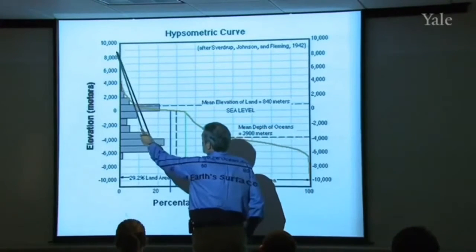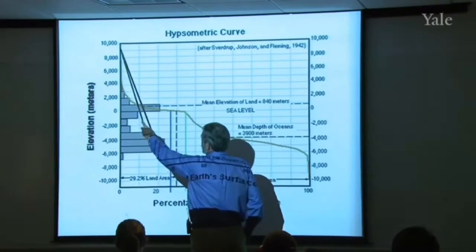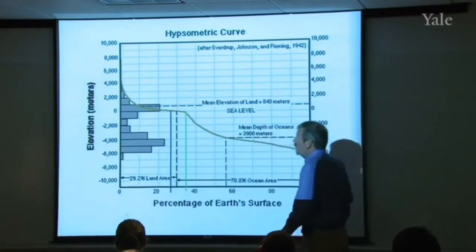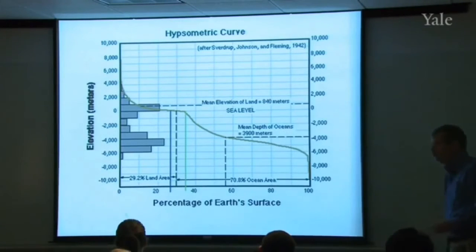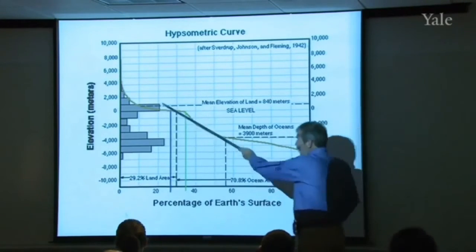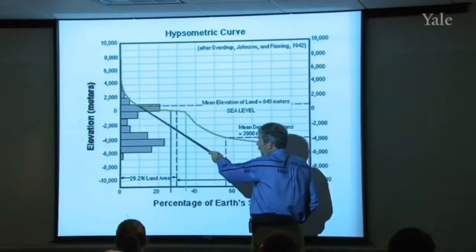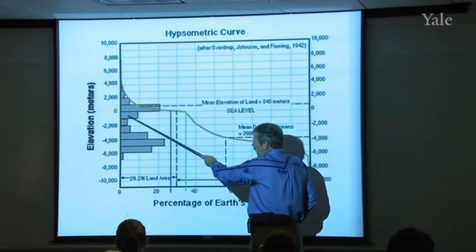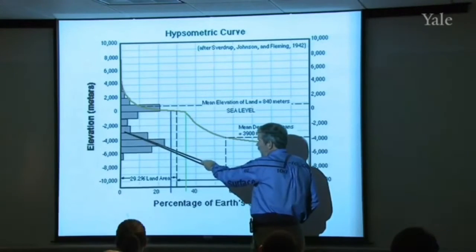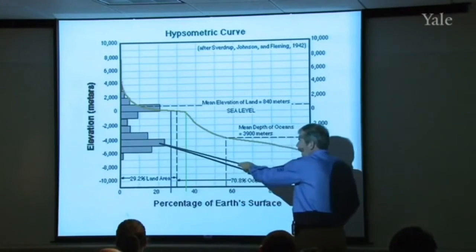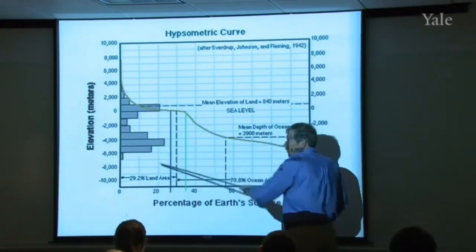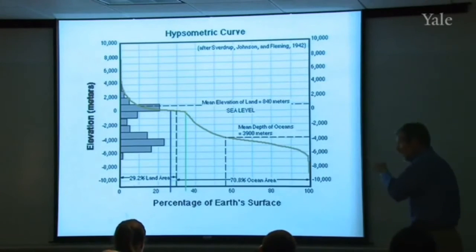In fact, Mount Everest is up here somewhere. There's even a little bit of land that lies 9,000 meters above sea level. Going down below sea level, you find there's not much land at 1, 2, and 3 kilometers below sea level, but a lot at 4, 5, and 6 kilometers below sea level.